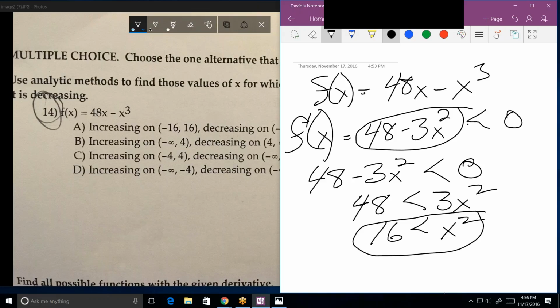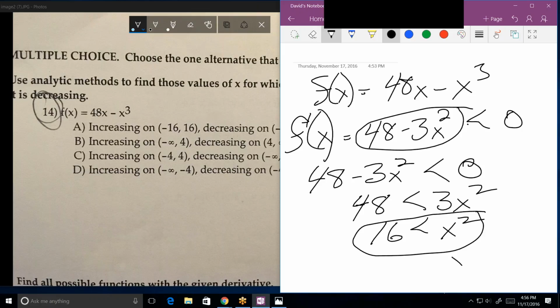It's a little tough, so 4. Like, if you take the square root of both sides, you have to say, well, the positive solution is where it's greater than 4. But then when I look at the negative solution, minus 4, it has to be less than that.